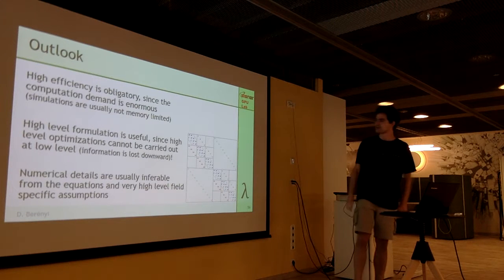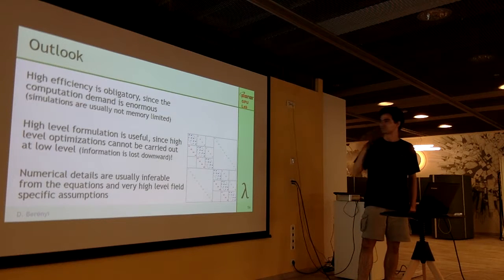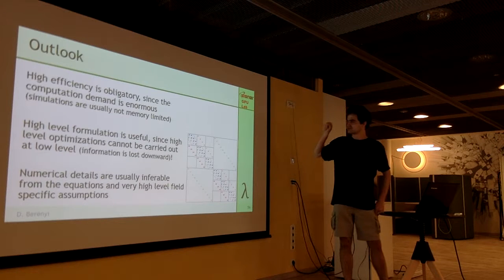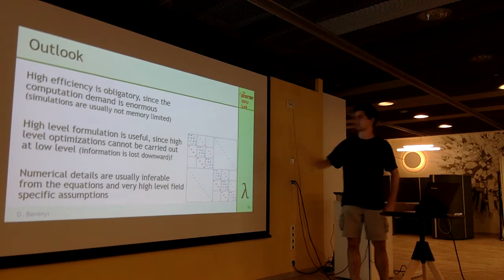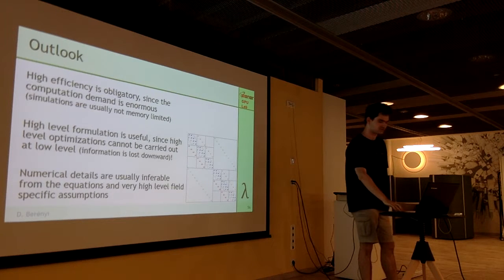Just an example: if you have a differential equation and choose some sort of discretization, this discretization will influence the structure of the matrix that you are getting, and you may choose a specific algorithm for this structure, and you don't need to choose it by hand. It could be chosen by a proper algorithm.